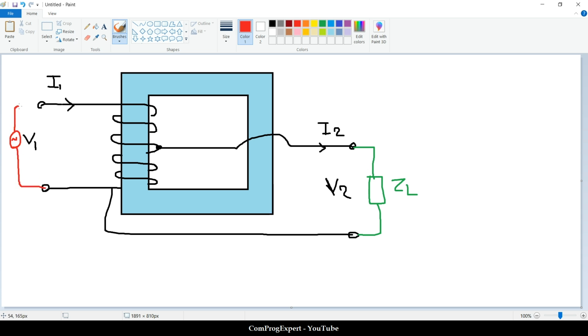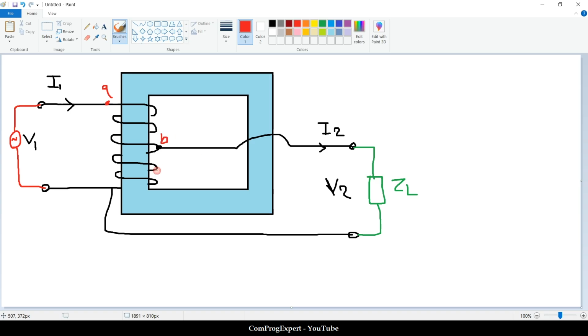Okay. So in this structure, how much is the value of the induced voltage for this part of the coil and for this part? Here, let's call this point A, the same as what we have in this figure.